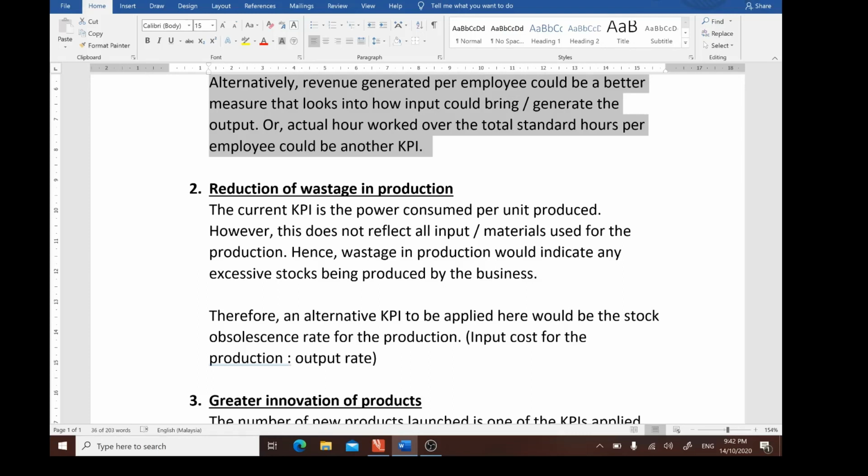Now, on top of that, the difference between this and the F level papers is that for the P level paper itself, there are professional marks. When you see these professional marks, what you have to remember is that all your answers, especially in section A, must be in report format, with an introduction paragraph, followed by the first part of your question.